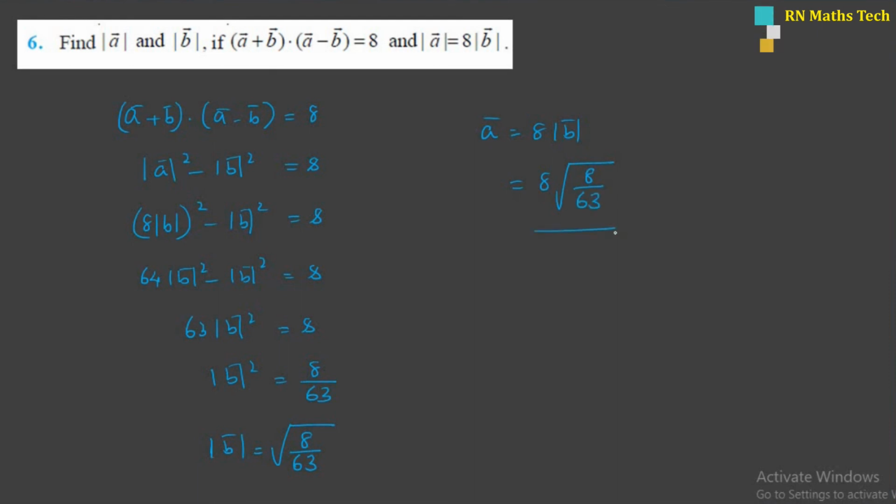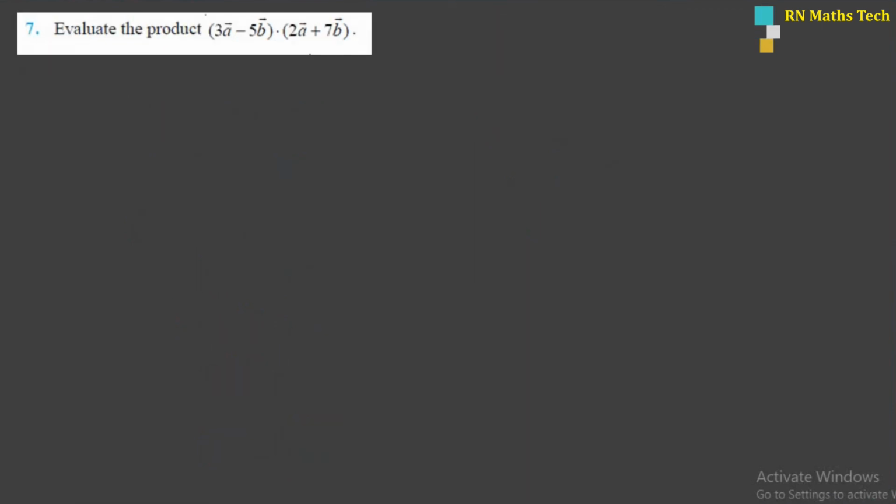Okay. Now seventh one, evaluate (3a - 5b)·(2a + 7b). (3a⃗ - 5b⃗)·(2a⃗ + 7b⃗) is equal to, first is 3a into 2a, 6 a⃗·a⃗, plus 3 into 7, 21 a⃗·b⃗.